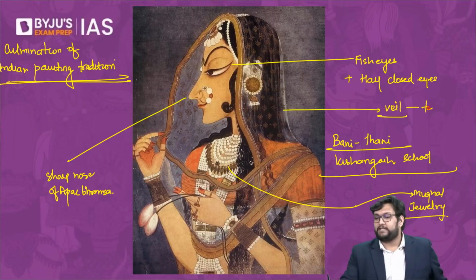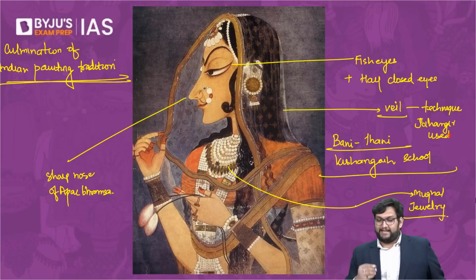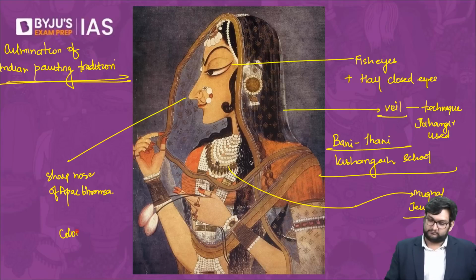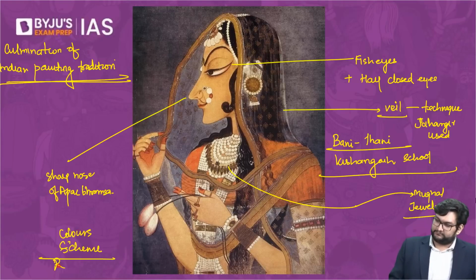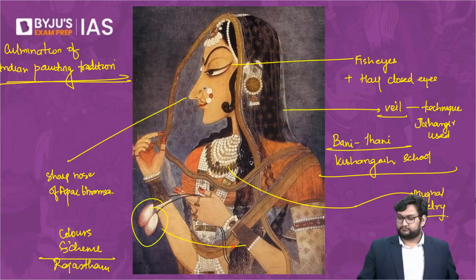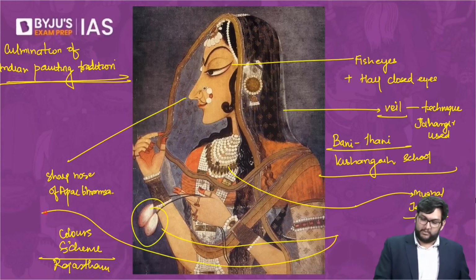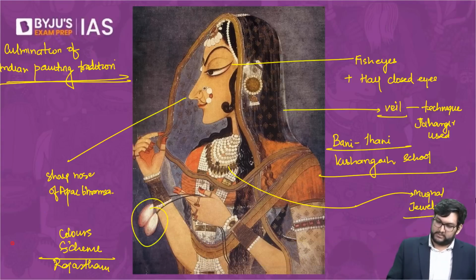This is a technique used under Jahangir. And the color scheme is Rajasthani. And then comes the lotus. One second.